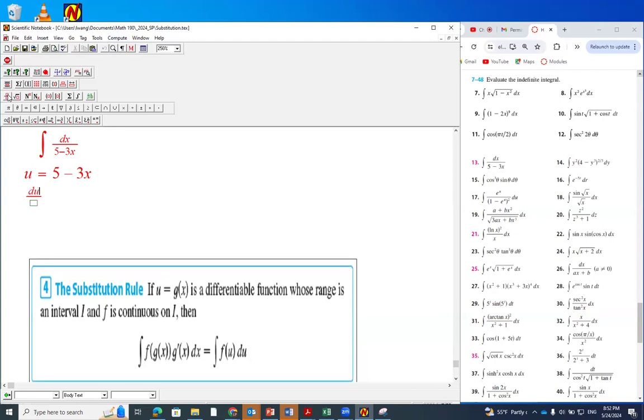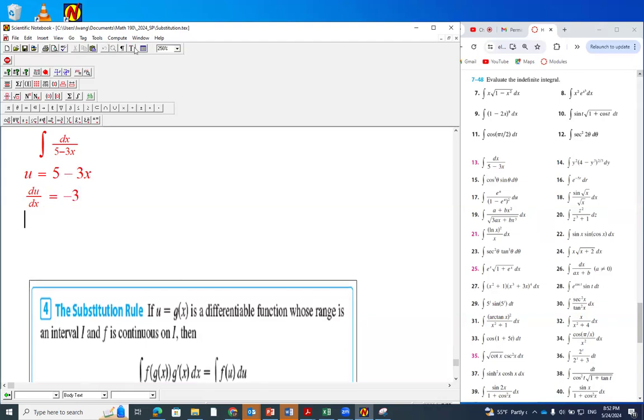Derivative, okay, du/dx equals -3, right? So du is equal to -3 dx. So du/dx is only different by a constant, right? To get to du, we need a -3. So I'm going to write this whole thing the following way.